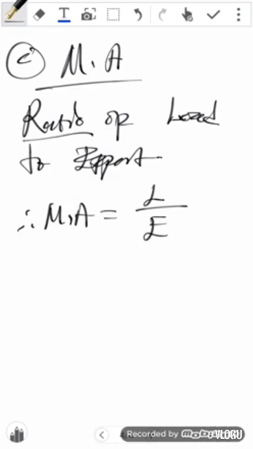We can deduce that mechanical advantage is equivalent to load over effort. Since mechanical advantage is a ratio, it has no units. The definition of mechanical advantage is simply the ratio of the load to effort, as we have denoted it by this formula.